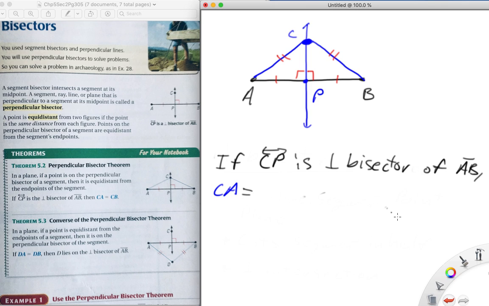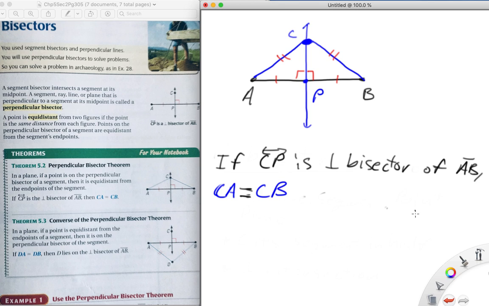So then CA is equal to CB. Notice it doesn't say congruent. It says equal. So we use this in proofs. Usually we have proofs that say that their stuff are congruent. In this case, we have stuff that says that they're equal, meaning we can sort of eliminate that step when we use it in a proof, which is nice.